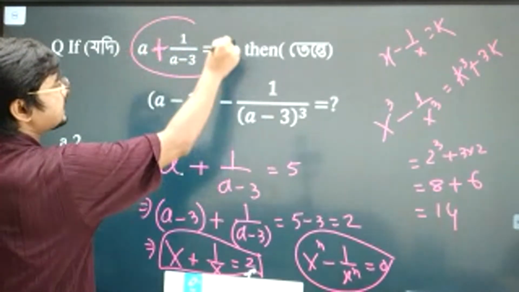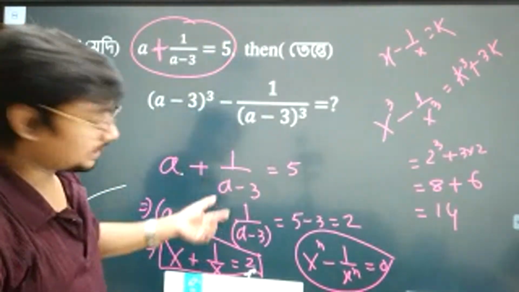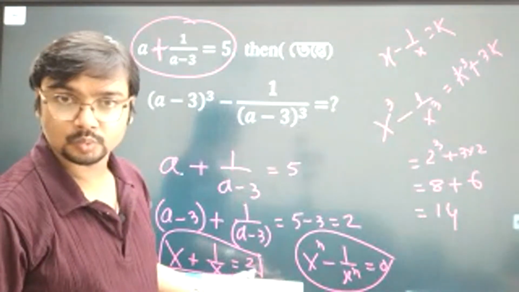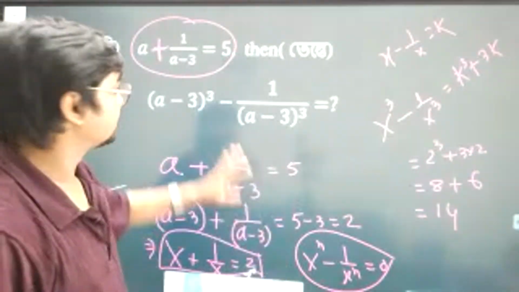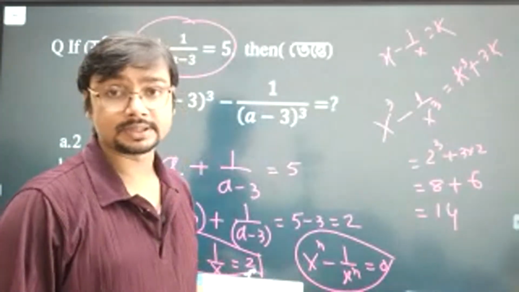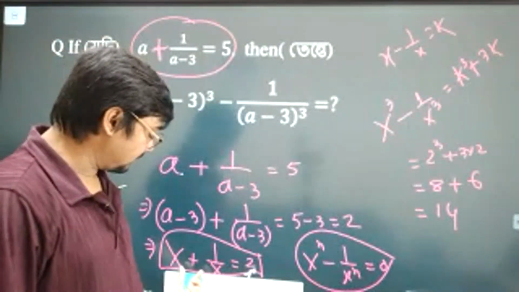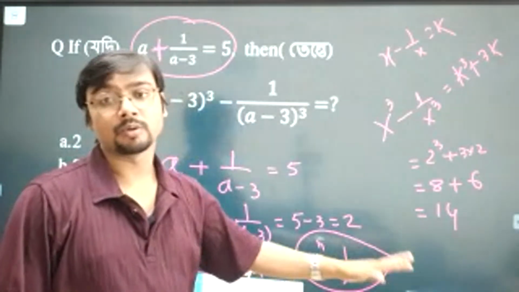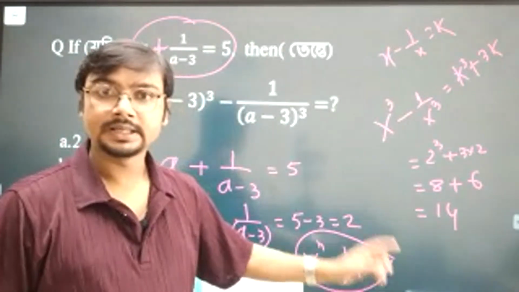If there is a plus, then we'll get x plus 1 upon x is 2. Suppose we consider this is plus, so this will be x plus 1 upon x equal to 2. And we know that if x plus 1 upon x is 2, then x power n plus 1 upon x power n always will be 2. Is it okay?